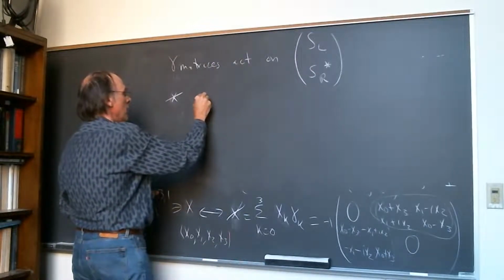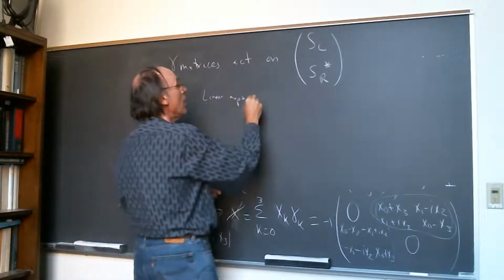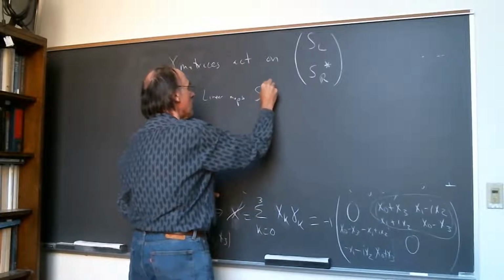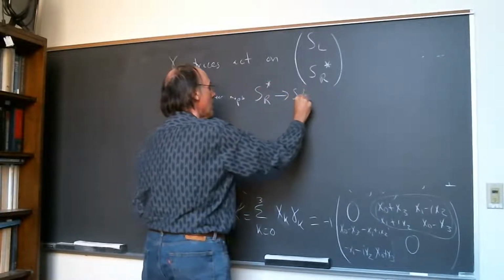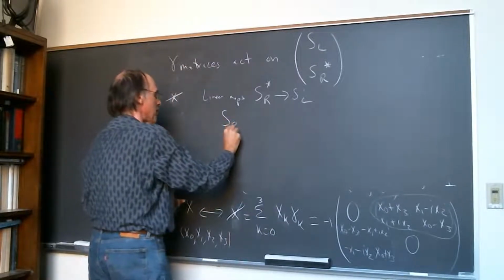So it gives you linear maps S_R, S_L, or if you like, that's the same thing as the tensor product.